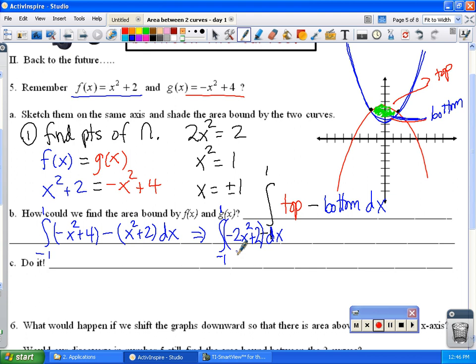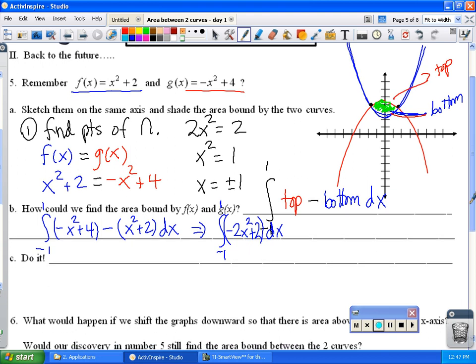All we're going to do is find the antiderivative, sub and solve, and that would give me the area that's enclosed between those two curves. Really not a very hard process. You see that I needed to find the points of intersection.